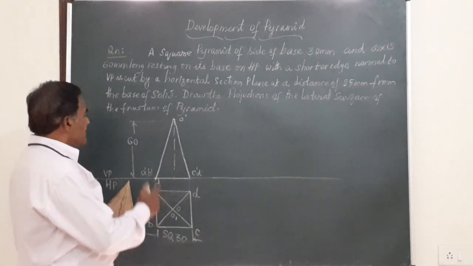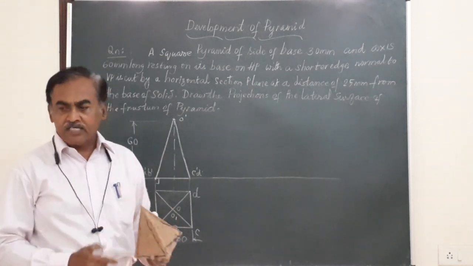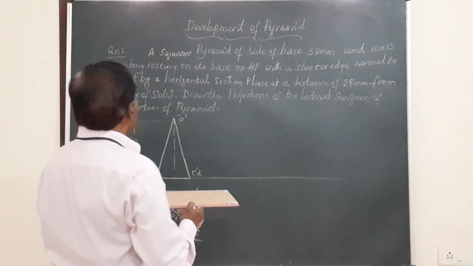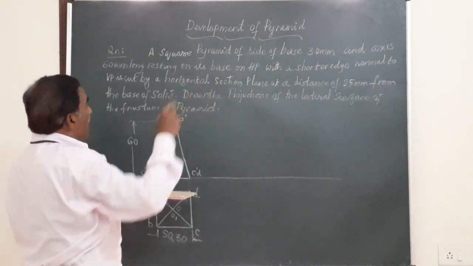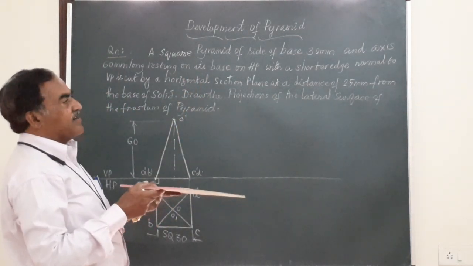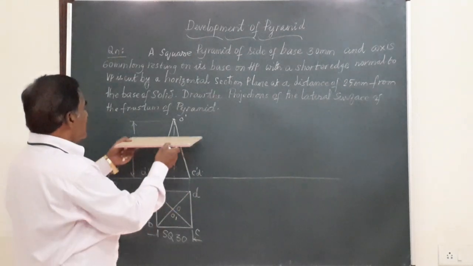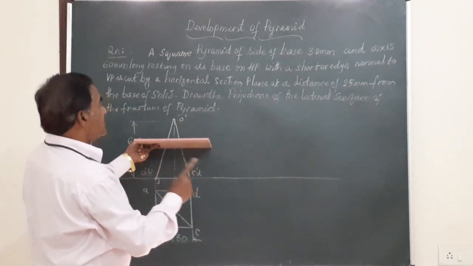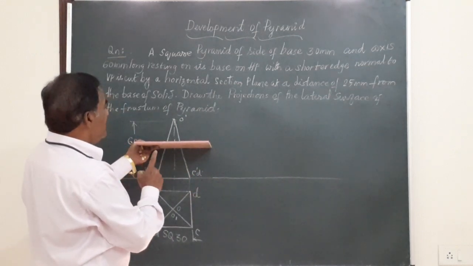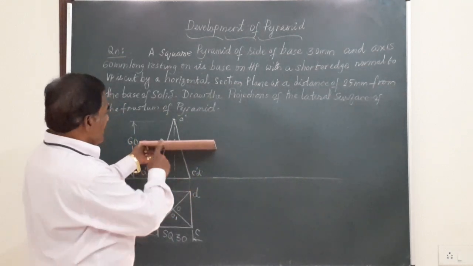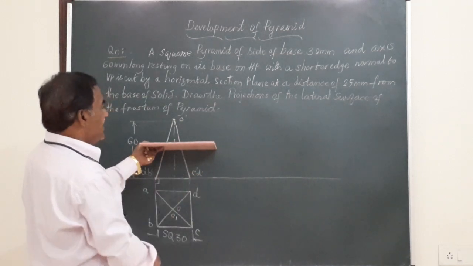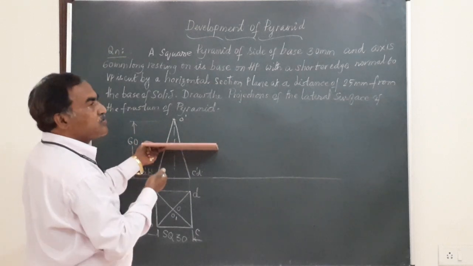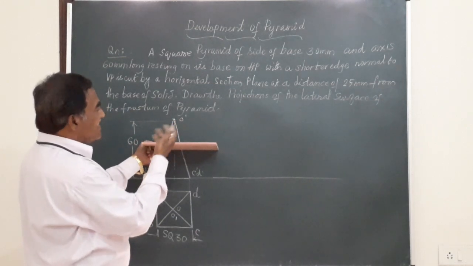He says the solid in this position is cut by a section plane which is horizontal. What is the meaning of a horizontal section plane? The object standing here is cut by a section plane which is horizontal. A horizontal section plane is seen as a line above the XY, and this section plane is very obviously perpendicular to the wall or the board, that is VP.